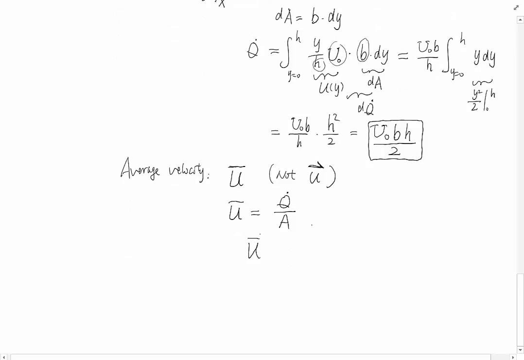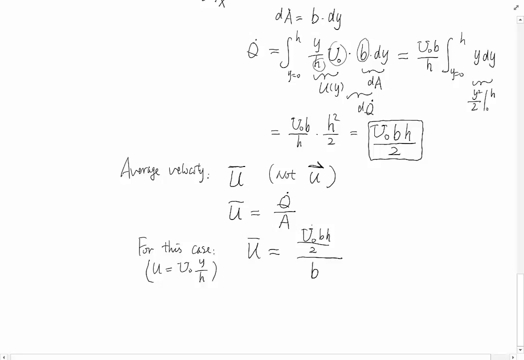So for this case, where our U is linear, U naught y over h, this U bar is equal to Q dot, we have half U naught B h divided by area.